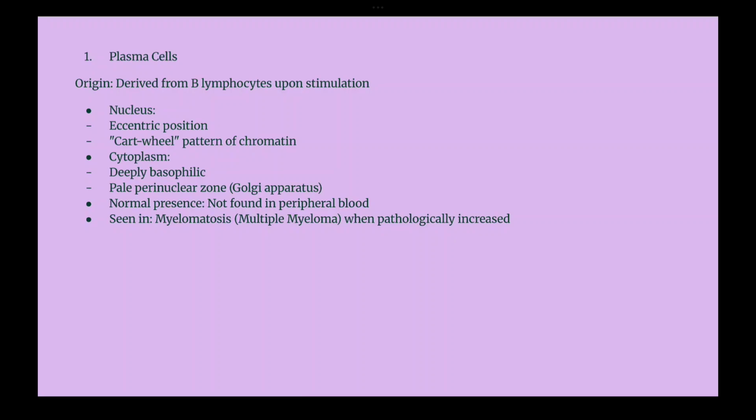The cytoplasm is deeply basophilic with a pale perinuclear zone, which is the Golgi apparatus. Plasma cells are difficult to see in a normal peripheral blood smear, whereas in diseases like myelomatosis you can see many plasma cells in the blood smear.